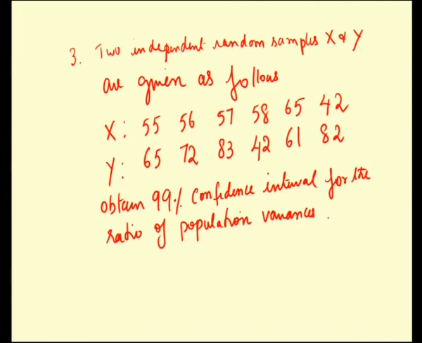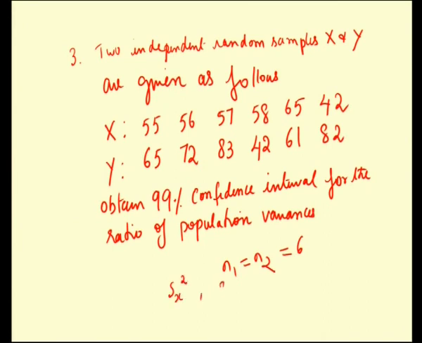So in this particular problem, I have given a case where my sample sizes are equal, that is N1 and N2. N1 is the size of sample X, N2 is the size of sample Y, and each is equal to 6.